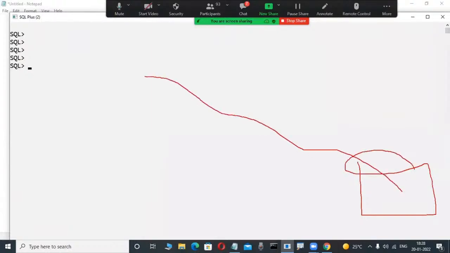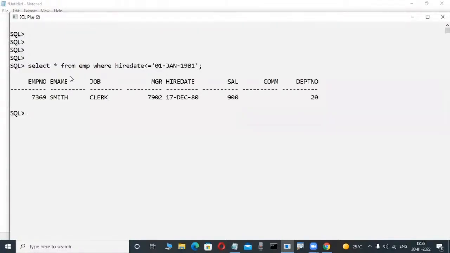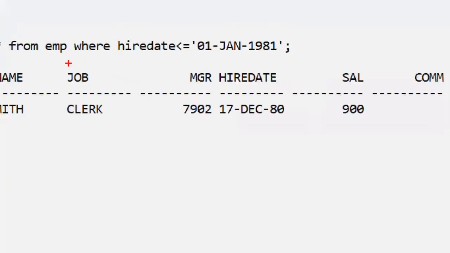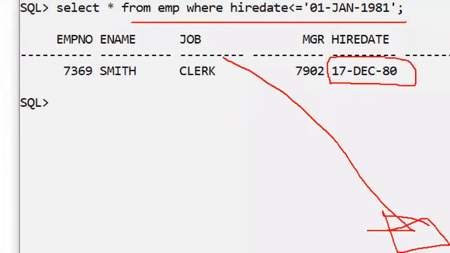How do they fetch this data? They write queries. These are called queries. Observe here: select star from table name where hire date is less than or equal to 1st January 1981. Just by writing the query, the data is displayed automatically. With a single line of code, the employees who joined before 1981 are retrieved from the database.